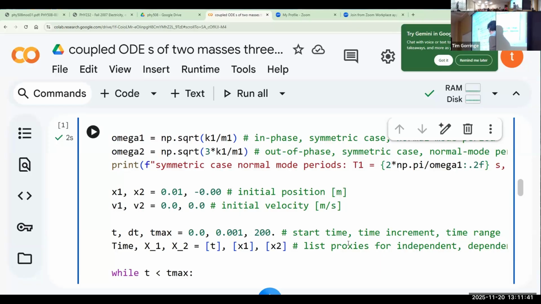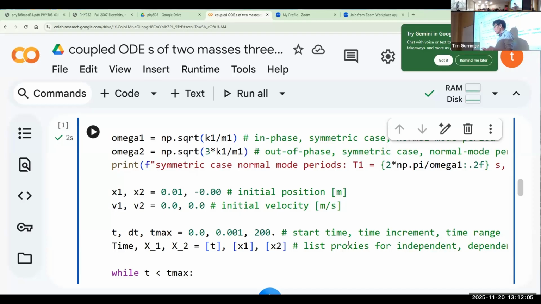dt is the increment. Look, I've set it as a millisecond. The time range is from 0 to 200 seconds. And so I've got 200,000 time increments that I'm going to walk through when I do my calculation. We want to look at the motion as a function of time. We want to plot the motion as a function of time.